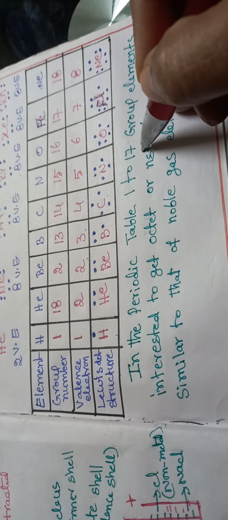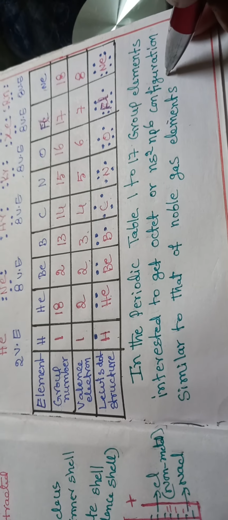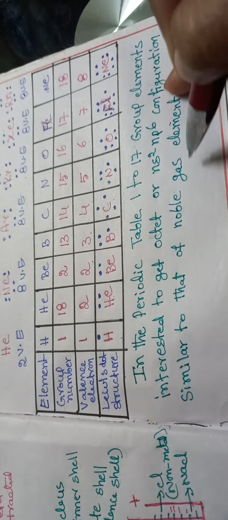In the periodic table, elements of groups 1 to 17 are inclined to get an octet, or ns2 np6 configuration, similar to that of the noble gas elements.